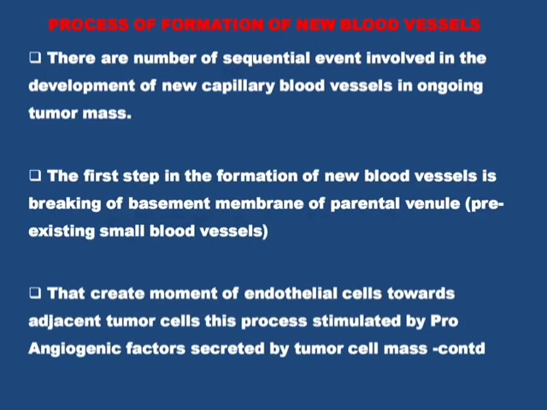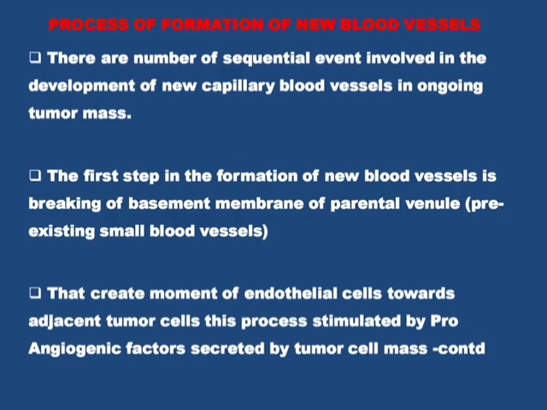The second step in the formation of a blood vessel is the migration of endothelial cells as well as the division of these mature endothelial cells adjacent to the tumor mass, and finally the formation of a new basement membrane of the joined blood vessels. The third step is that these angiogenic blood vessels establish further growth of the tumor cell population.